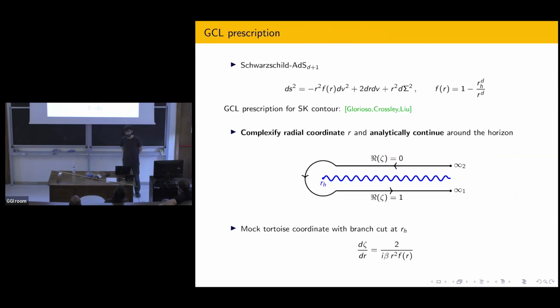Then Glorioso, Crossley, and Liu proposed a prescription which tells us to basically complexify the radial coordinate of the bulk and analytically continue around the black hole horizon. Due to the structure of the function f here, there is a branch cut, and so GCL instruct us to do holography on this slightly complexified spacetime.